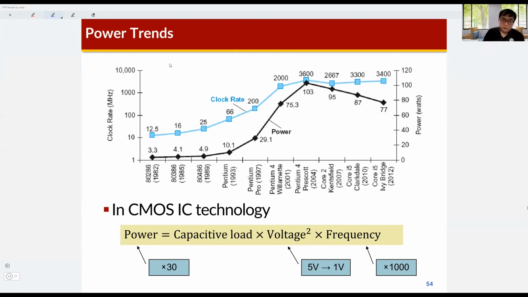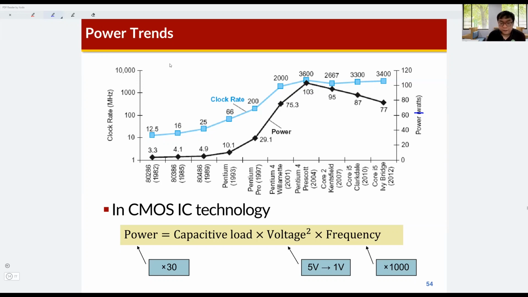This graph shows the change of the clock rate, that means the clock frequency of the CPU, and the power consumption by the CPU. The metric of power is the watt, that means the consumed energy per time, right?